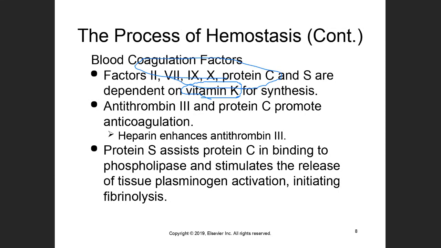Antithrombin 3 and protein C promote anticoagulation. Antithrombin 3 is the one that destroys the fibrin clot at the end. When you stop the bleeding, you have to dissolve the fibrin clot.